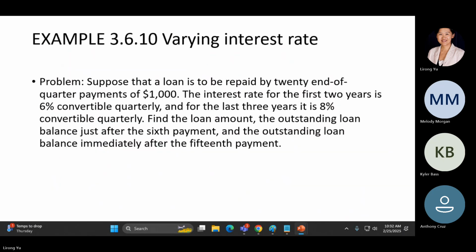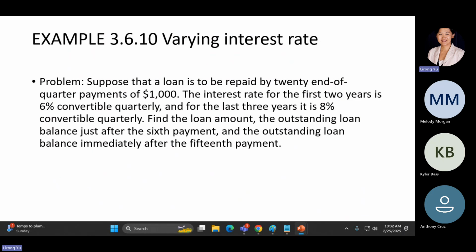All right, this example is talking about a varying interest rate. Suppose a loan is to be repaid by 20 end-of-quarter payments of 1,000. The interest rate for the first 2 years is 6% convertible quarterly, and then for the last 3 years it is 8% convertible quarterly. So the interest rate increases; how would that affect our balance?